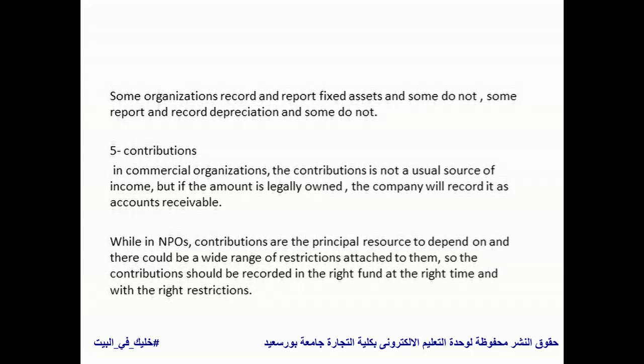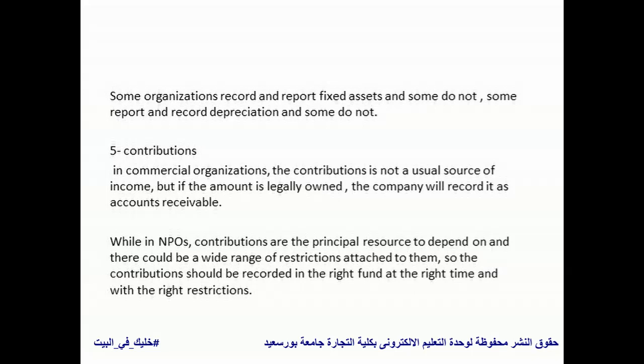Number 5, contributions. The contributions in the commercial organizations is not a usual source of income. But if this amount is legally earned, the company will record it as accounts receivable. While in NPOs, contributions are the principal resource to depend on.